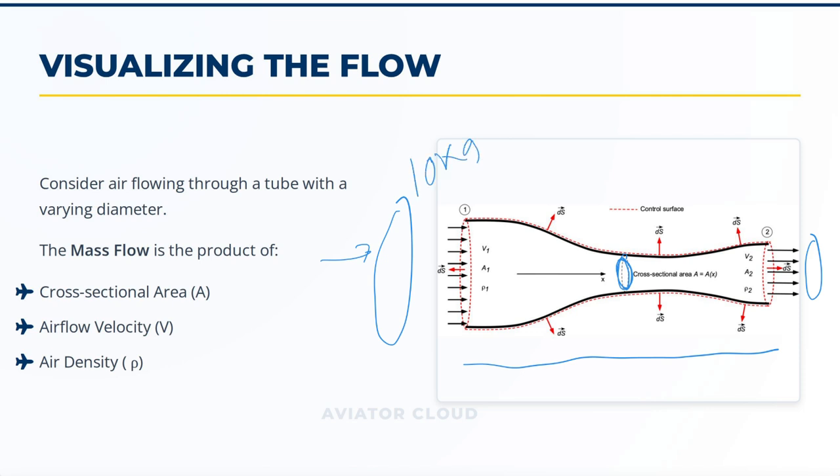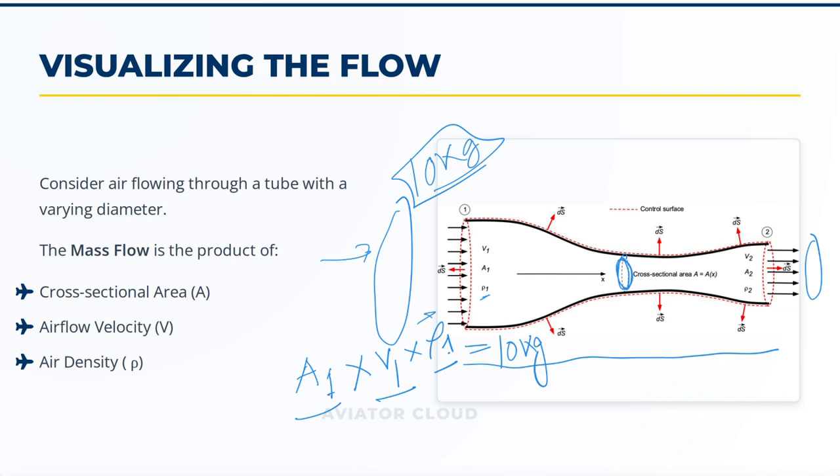This 10 kg is actually the product of the cross-sectional area, let's say A1, multiplied by the velocity of the air, V1, multiplied by the density ρ1, which is equal to 10 kg. So mass flow is the product of area, velocity and density of the air, and this 10 kg has to be here also.